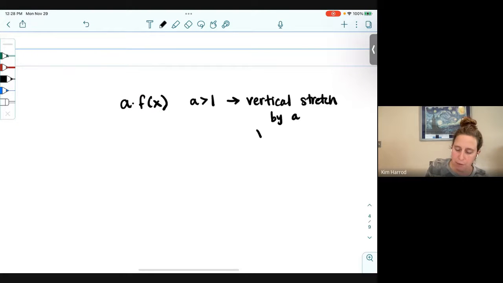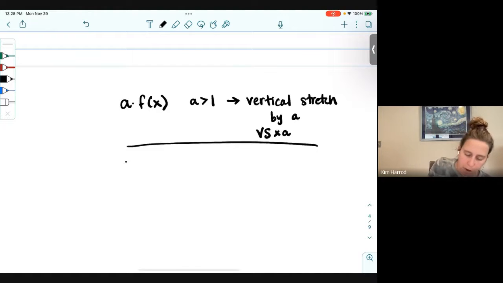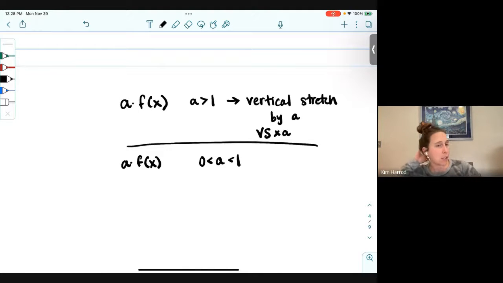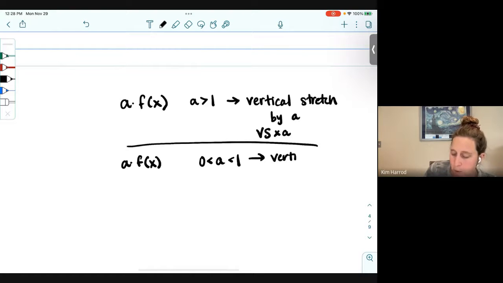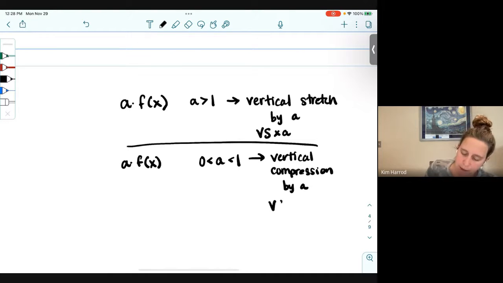We oftentimes would just call it this, a vertical stretch by A. When we multiply by a number, and that number is between 0 and 1, so anything from 0 up to 0.99999, that's going to cause the graph to be vertically compressed. So this one will show up as a vertical compression, and it'll still be by A, and we abbreviate that as VC by A.